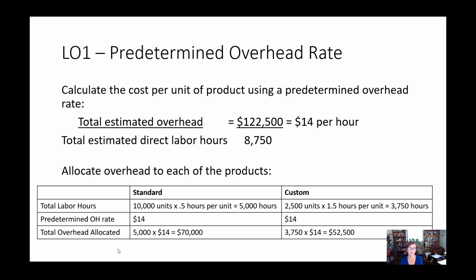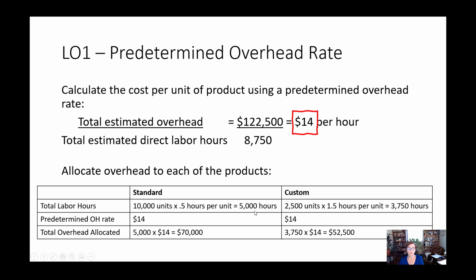Now, if we want to find out the total overhead applied to standard and to custom products, we're going to take this $14 per hour and we're going to use it down here. So remember, our total labor hours for standard is we're making 10,000 units of product, and each one uses 0.5 hours per unit.